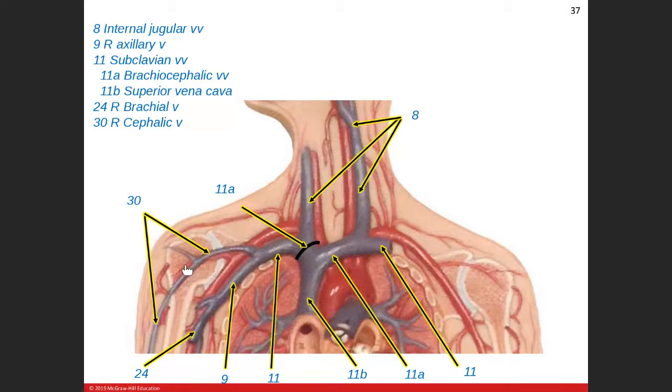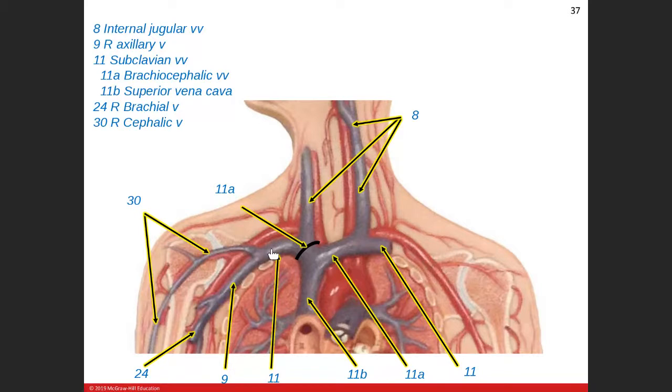Well, that's what we're seeing here with these veins. It actually changes names when it's in a different part of the body. So when we're here in the arm, and you can see the humerus here, down by the shaft of the humerus, this is the brachial vein, because we're in the arm, in the brachium. As we get closer to the armpit, we call this vein the axillary vein.